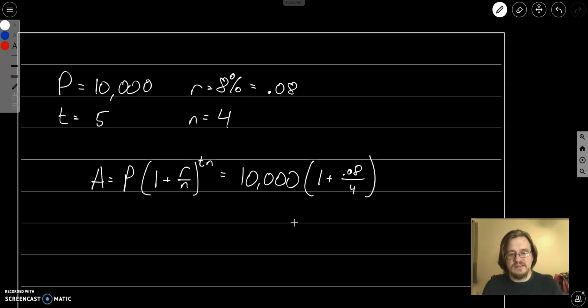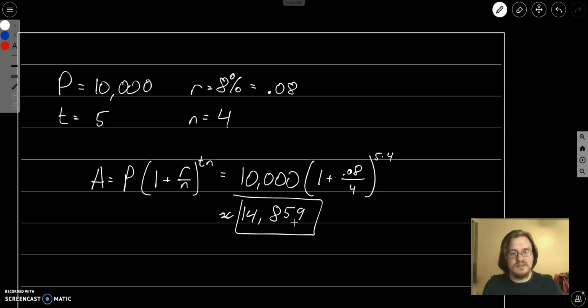And we're going to raise this number to the T times N. So this is going to be 5 times 4 power. And plugging all this into a calculator, which I did off screen, this is going to be 14,859. This is rounded to the nearest dollar, so this is an approximation. So this is our answer to part A.